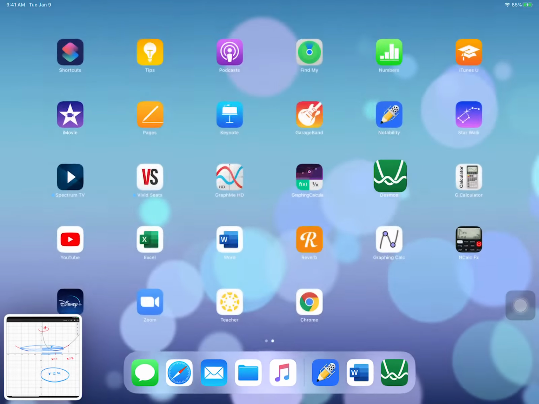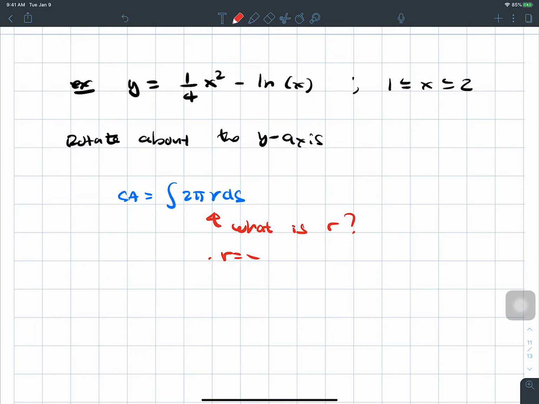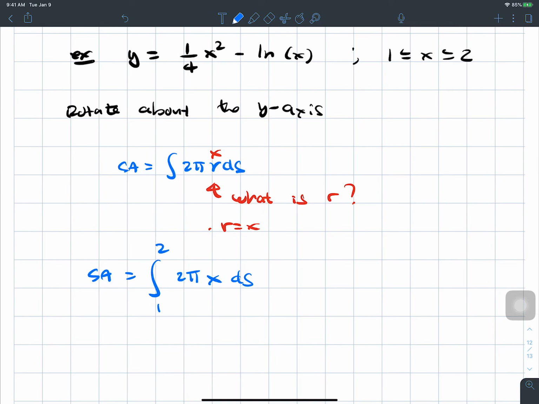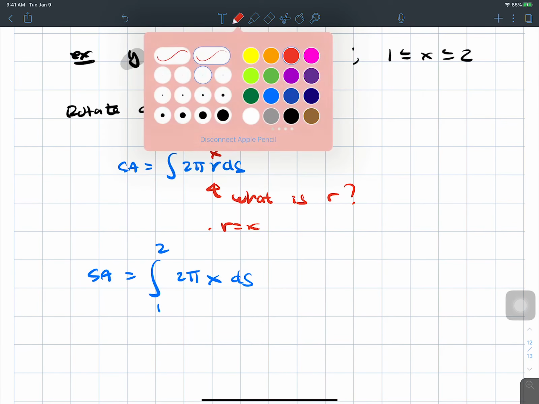So I know r is x. Replace this with an x. My surface area is, x from 1 to 2, 2 pi x ds. If I go back and look at what I'm given, I'm not given x, I'm given y. That's actually a very good thing, because that makes things nice and easier.